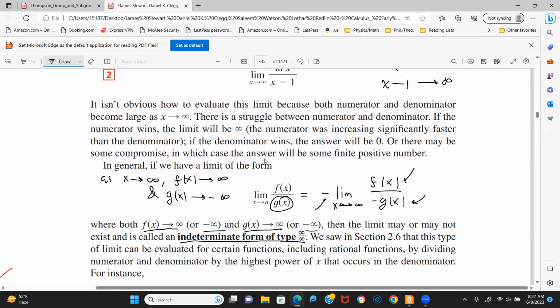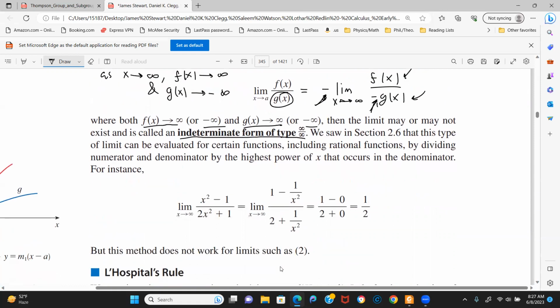You need to do this trick where you multiply by -1 twice, and leave a factor of -1 outside and a factor of -1 inside at the g of x, and this will ensure that negative g of x will go to positive infinity. So this will still give you an indeterminate form. So there are ways of reducing things that don't initially appear as an indeterminate form into a genuine indeterminate form.